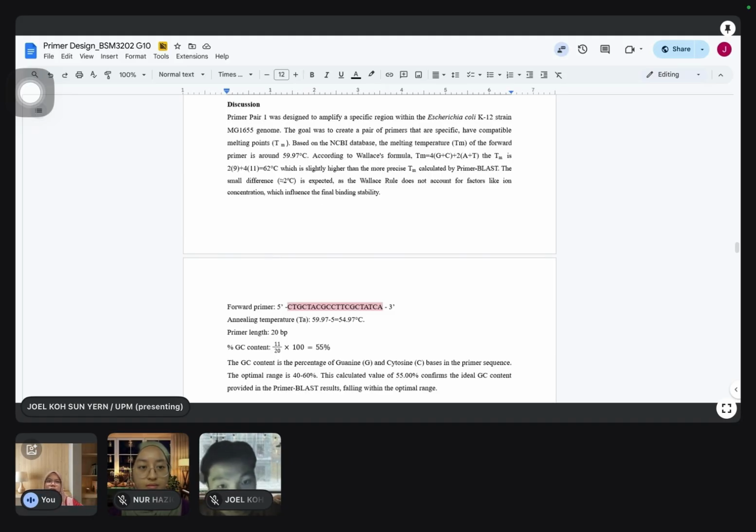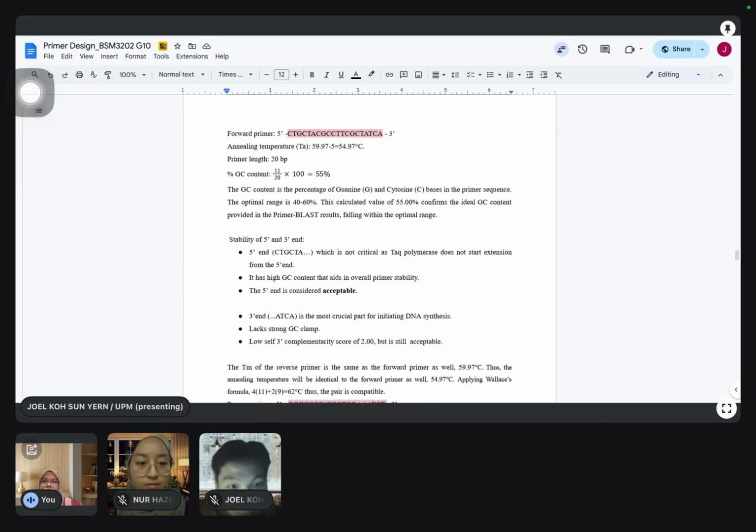Then we move on to the annealing temperature, which is 54.97, and the GC content, as I mentioned, is 55%, which is nice. This confirms that the GC content is ideal and falls within the optimal range. Okay, to start with the stability of the 5' and 3' ends. The 5' end, as you can see, starts with CTGCTA.